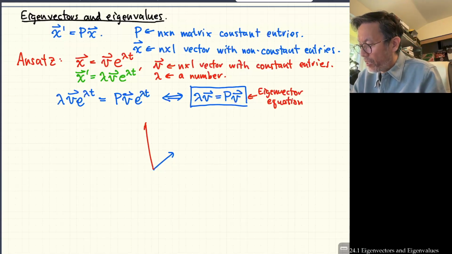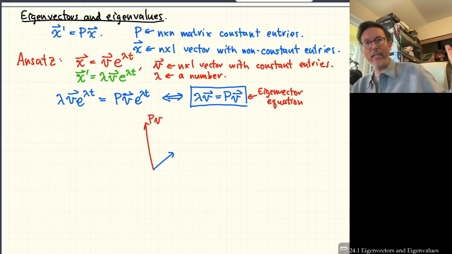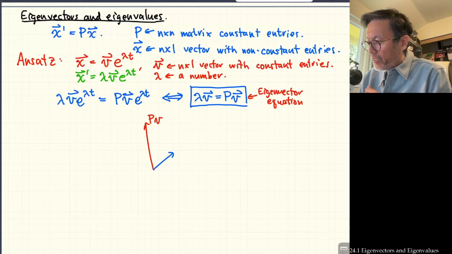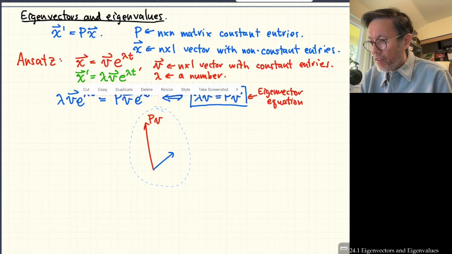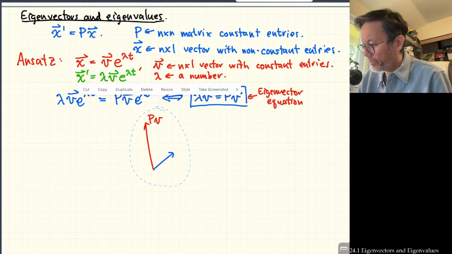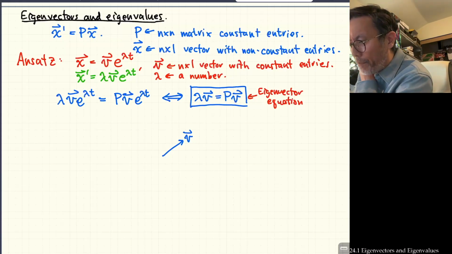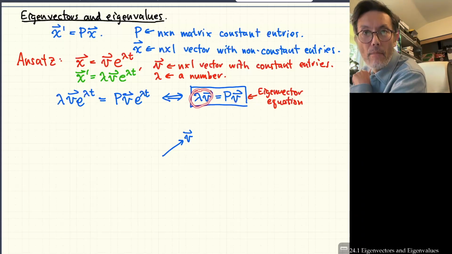So in general, Pv is going to be almost like a random vector out there in the plane. But what the eigenvector equation is saying is that if v satisfies this equation for some lambda, then when we hit v by P, all that happens is we multiply v by this number lambda.